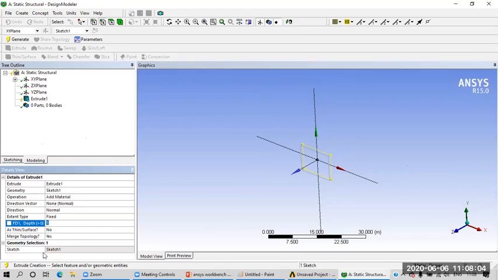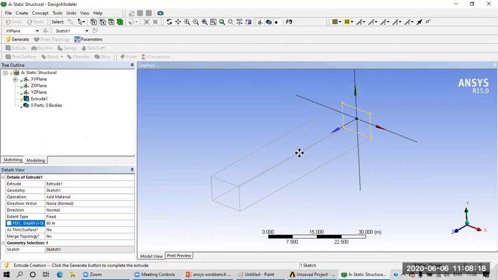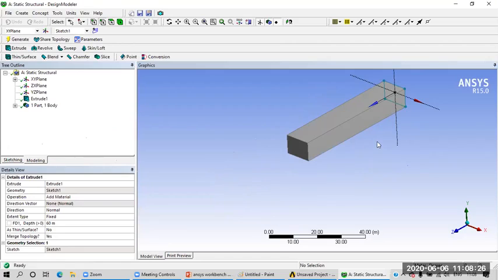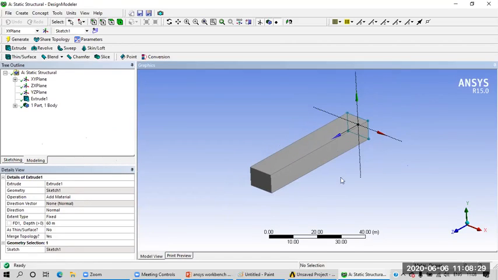Let's suppose I am making a beam here, and this beam is of 60 meter length. As you can see, this is visible to everyone. Yes, sir. Okay, all right. So I have made a beam. Let's suppose this beam is of 60 meter length.